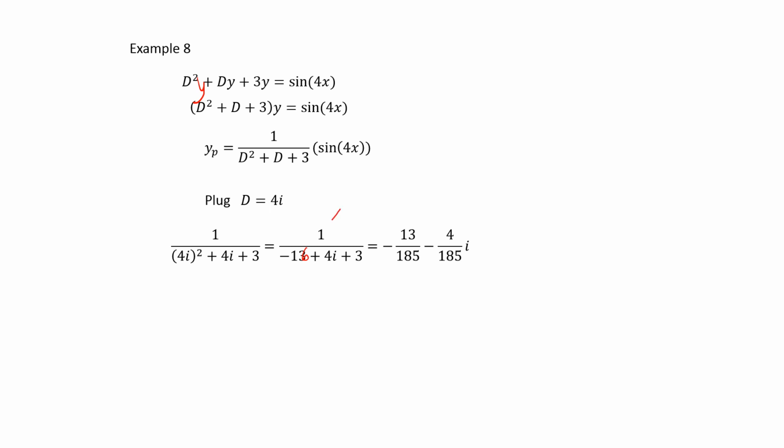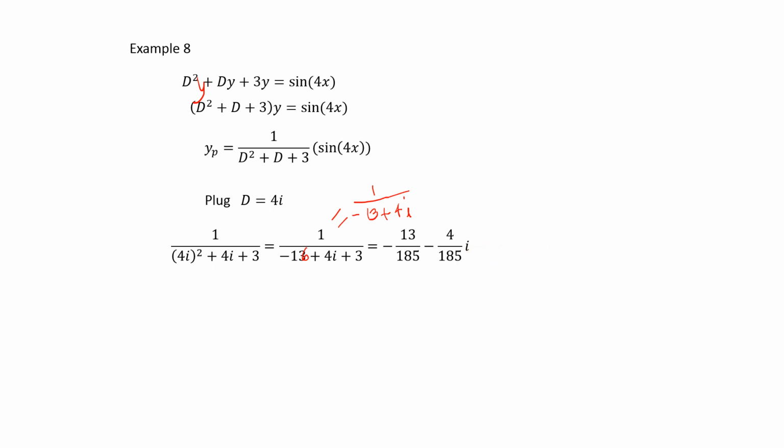This is just the same as 1 over negative 13 plus 4i, and you can use any calculator or just multiply it by its conjugate. You'll get the value of negative 13 over 185 minus 4 over 185i. Now this is the technique.